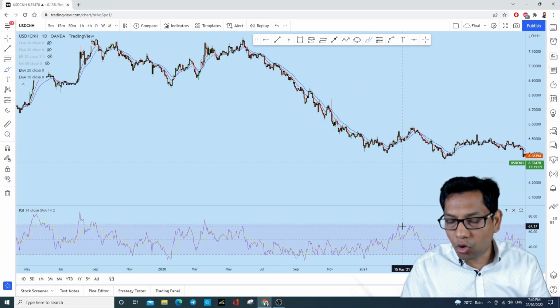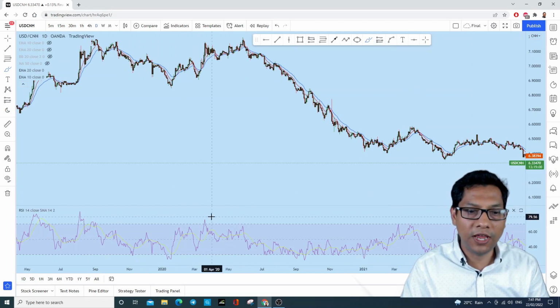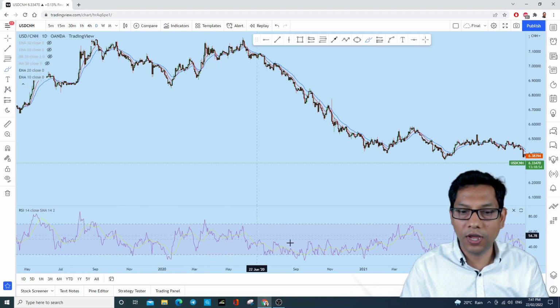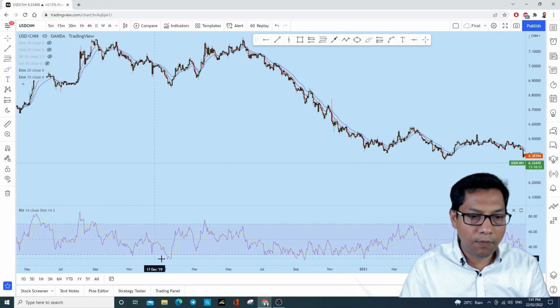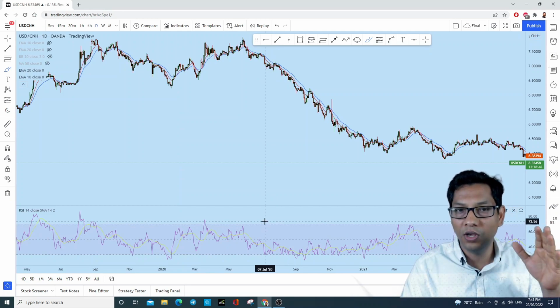If the market crosses this dotted line, which is the 70 RSI value, then this market is considered overbought. Say for example here the market is overbought. And look at the bottom range, when it crosses 30, then this market is considered oversold.